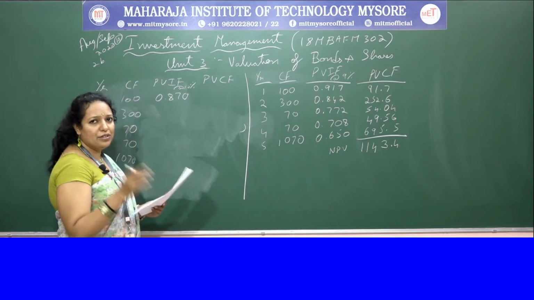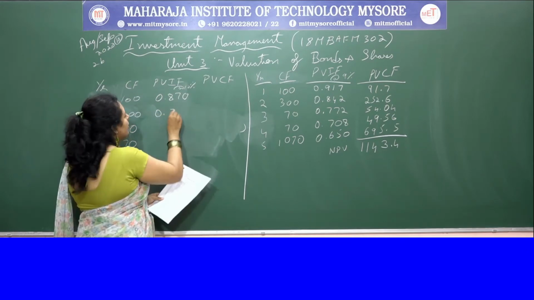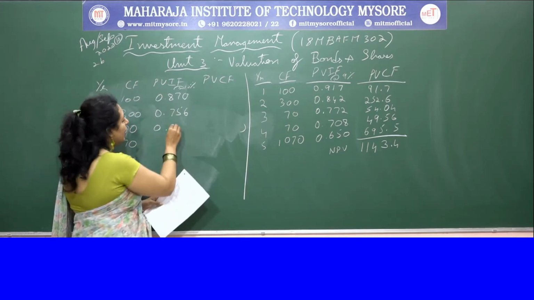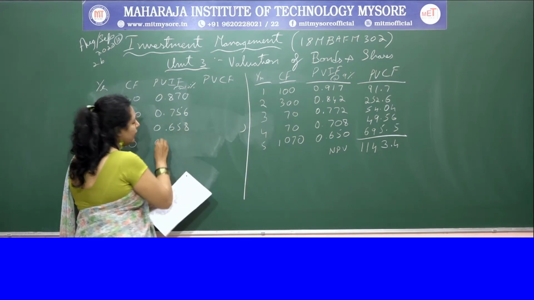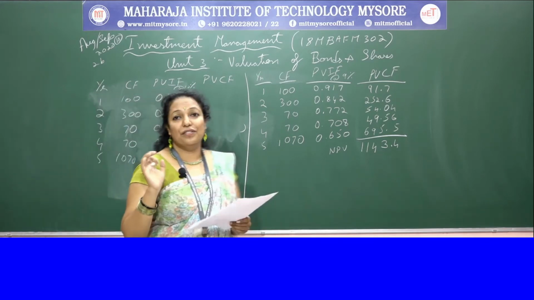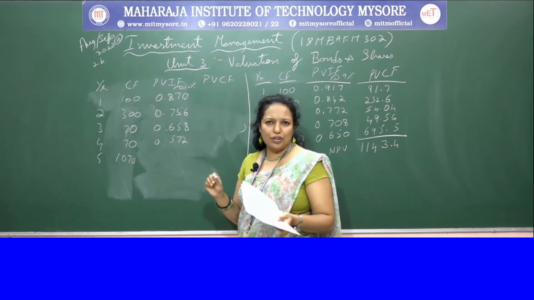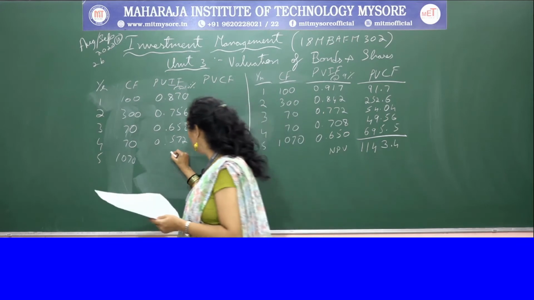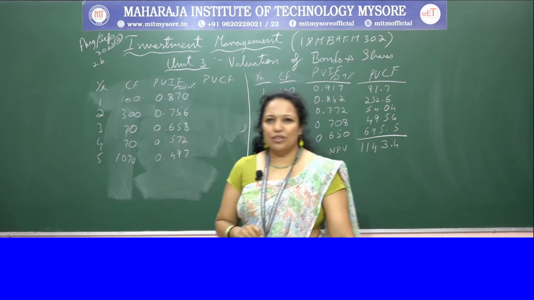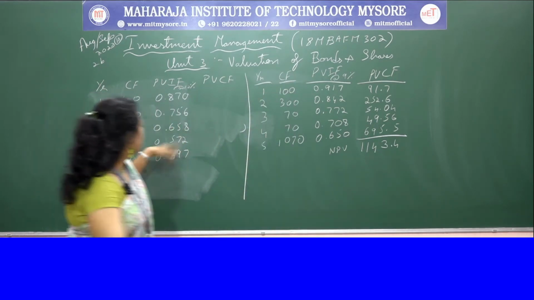You can do the calculation or take it from the textbook. 0.756, the third one is 0.658 and the fourth one is 0.572. You can cross verify if you want, no problem. Last one is 0.497. These values don't change. It changes only with the percentage.